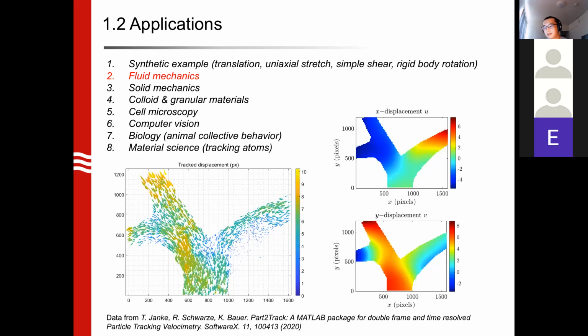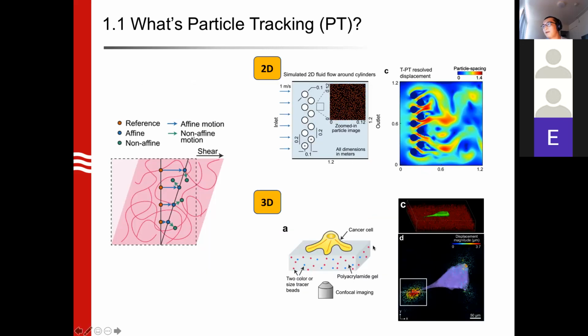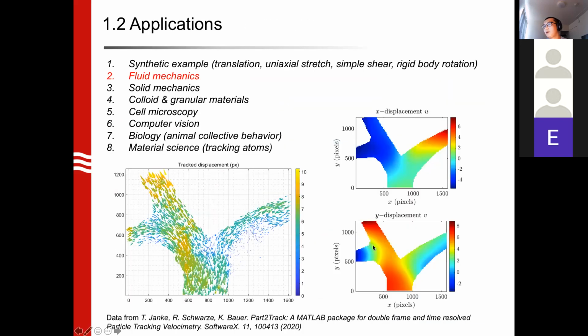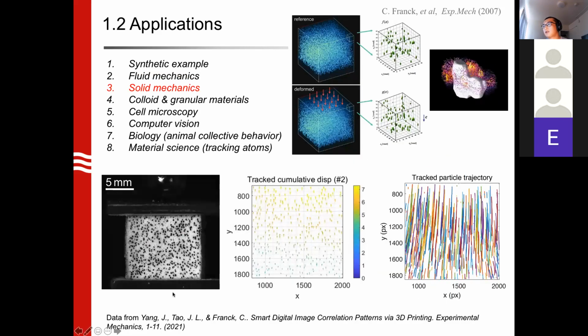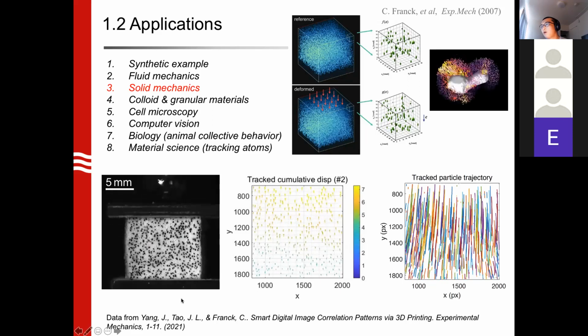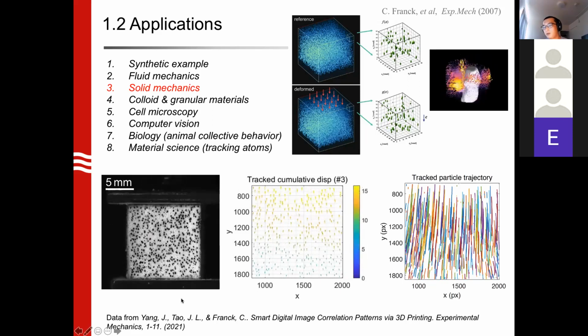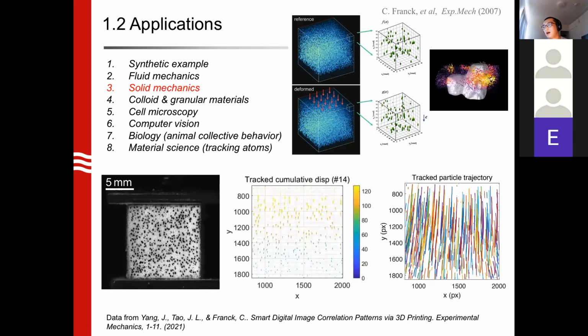Besides this idea, it can be applied to many disciplines, right? For example, you can measure fluid flow, like this is the flow in the lung, based on experimental data sets. You can also measure solid materials, like what we did. There's a foam with lots of those dot patterns, and we can track those dots, so we know the deformation of the foam.